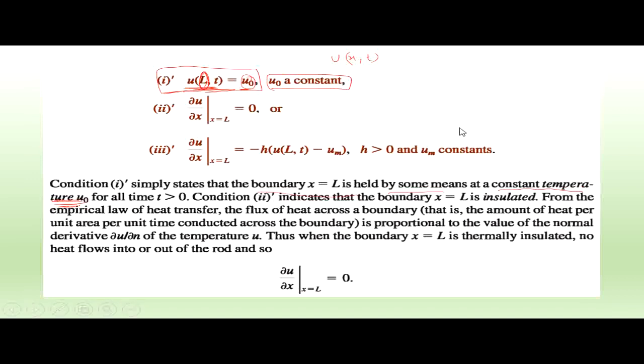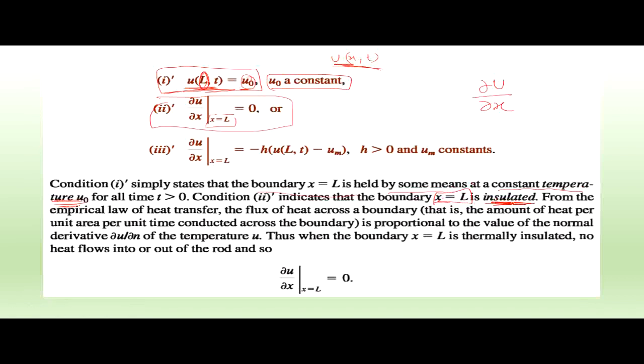Condition 2. When you differentiate u with respect to x, at any end, x equal to L or x equal to 0, it indicates that the boundary x equal to L is insulated. When the word insulated comes, u should be differentiated with respect to x, not with respect to t, right? X equal to 0 means left side.